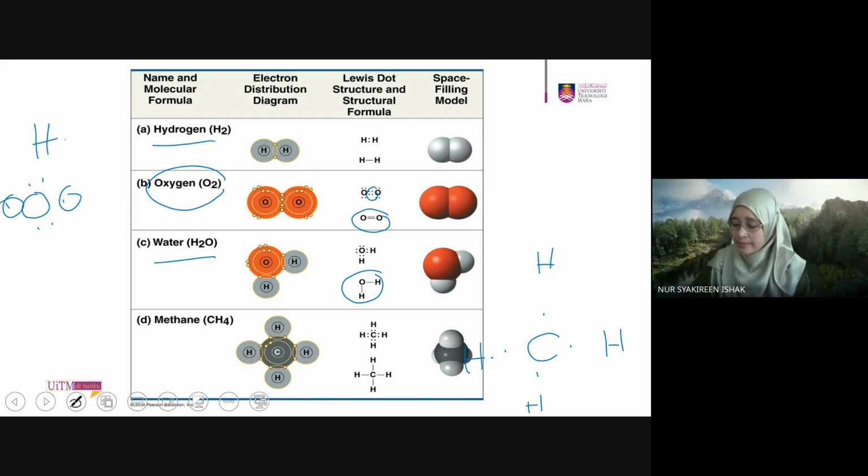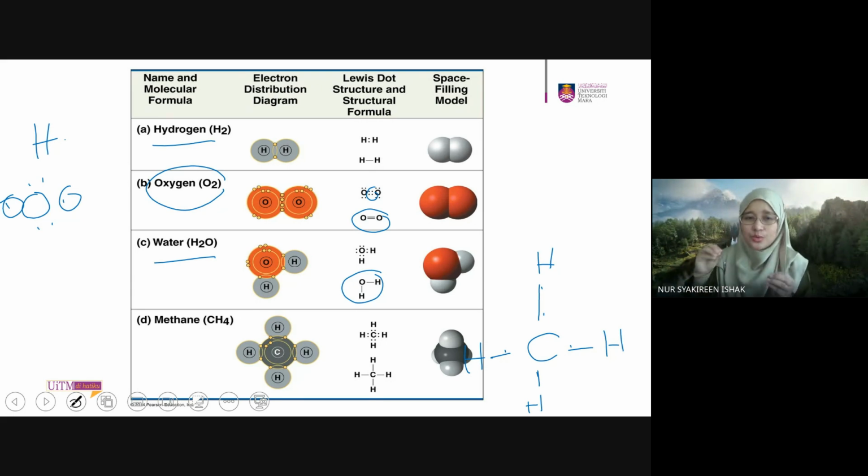Carbon will form one covalent bond with a hydrogen, another with another hydrogen, and so on. So one carbon forms 4 covalent bonds with 4 hydrogen atoms so that they obey the octet rule.